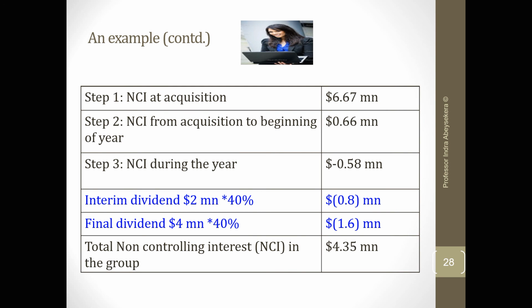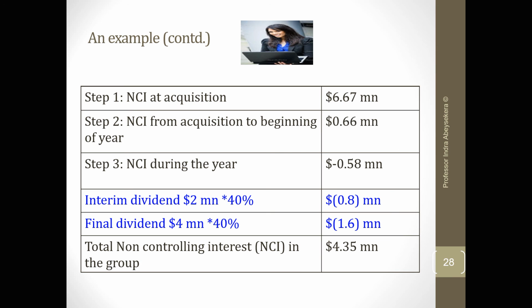So when we summarize step 1 NCI, step 2 NCI, and step 3 NCI, and now that we have got the NCIs, the interim dividend was paid out, and 40% of that is given to NCI. That decreases their interest because they are getting cash. The equity is getting less because that's been given out as funds to shareholders, including NCI.